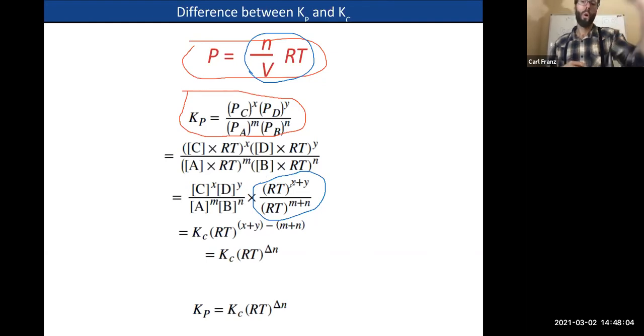Now, coefficients divided by coefficients, right? x plus y divided by something that's raised to the m plus n. If you remember that math from high school, basically now we are subtracting them from each other.